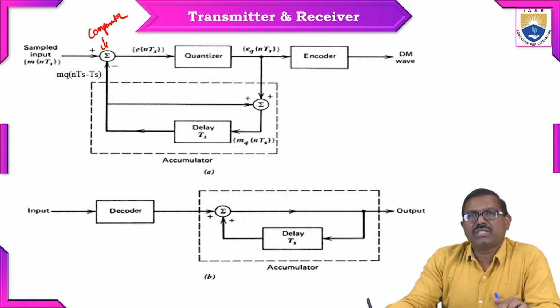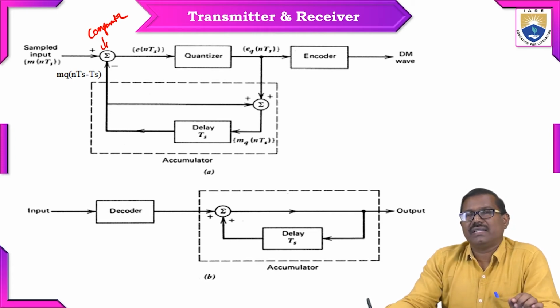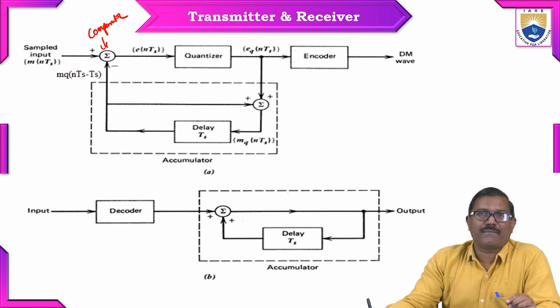These two signals are compared, then e of nTs is generated. This is the error signal. This error signal is applied to the quantizer. The output of the quantizer is eq of nTs.